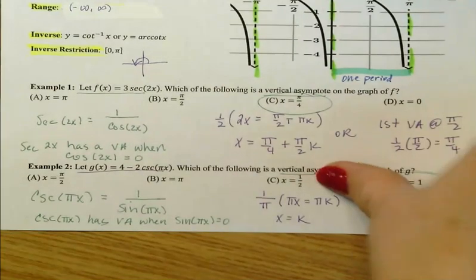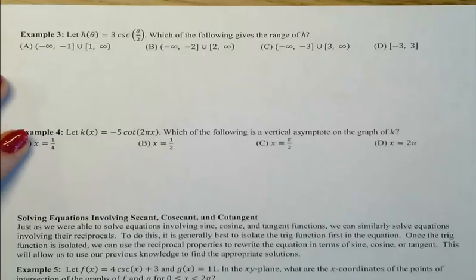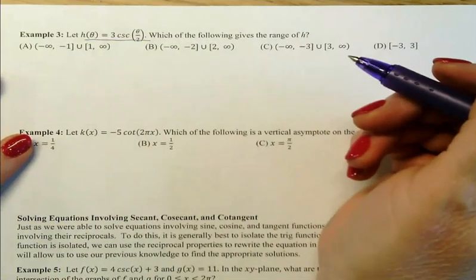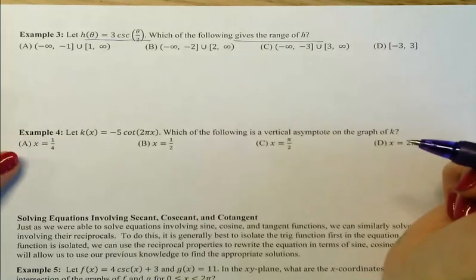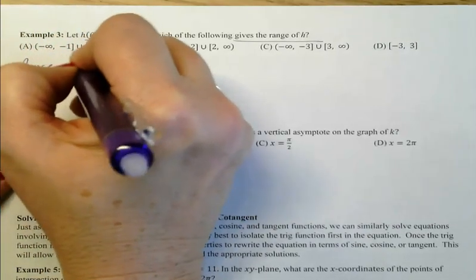All right, the next one, example 3. Example 3 gives us the equation h of theta. So we have 3 cosecant theta over 2, and it wants to know which one gives us the range. So what we want to start with thinking is, what's the range of sine of x?